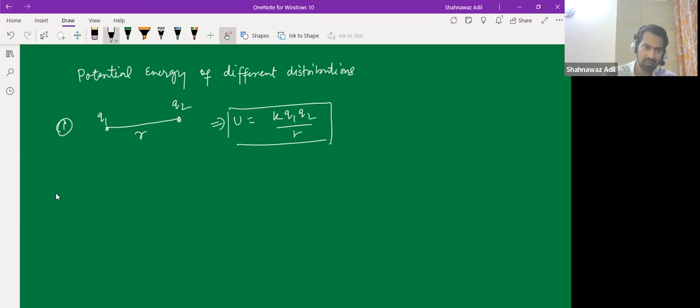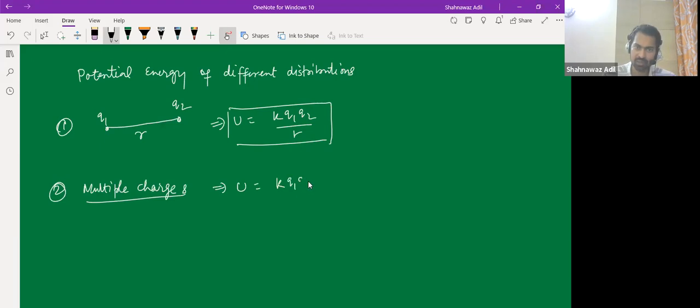And then we had multiple charges. For multiple charges, the potential energy was KQ1Q2 by R12 plus KQ1Q3 by R13 plus KQ2Q3 by R23, and so on.